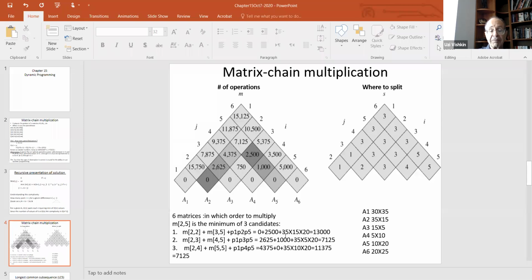So what are the 3 dimensions? It will be 35, which will be the first dimension of A2, 15, which is the second dimension of A2, and 12, the second dimension, 5.